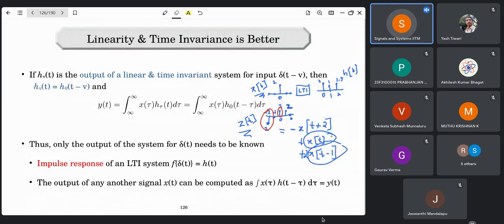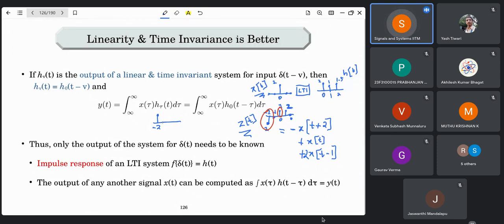So what is the output for the first term, x of t plus 2? Now this is where we'll use invariance. The time invariance says that if you have the output at x of t, you can also find the output at x of t plus 2 just by shifting the output. So whatever was at 0, you move that to -2.